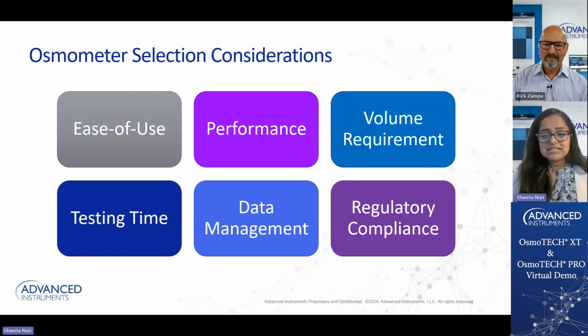And how long does a sample take to test and give you a result? How do we record the data when this instrument gives you the results? And are these instruments fit to work in my workflow that may have GMP requirements or other regulatory requirements? So these are definitely some of the considerations that may be on your mind when you consider bringing a new instrument, especially an osmometer, into your lab.